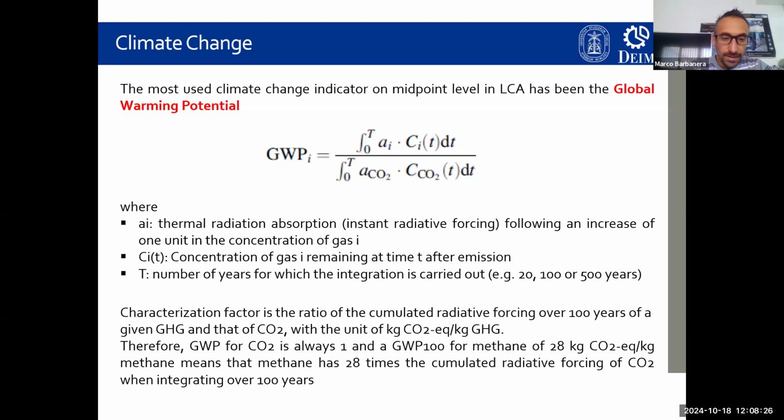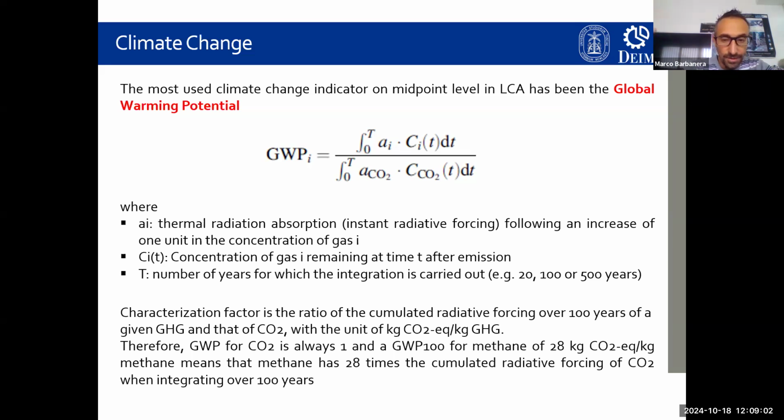In this way, if the global warming potential is equal to 1 for a substance, it means that its contribution to the disturbance of the radiation balance is equivalent to the disturbance due to the same amount of CO2 emission. So 1 kilogram of the compound is equivalent, in terms of climate change, to 1 kilogram of CO2.